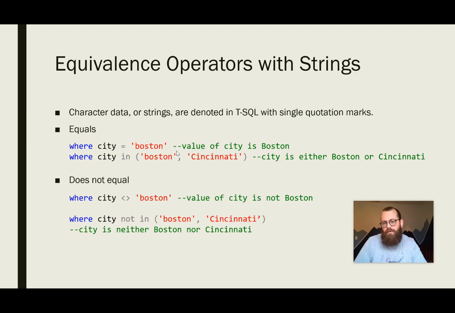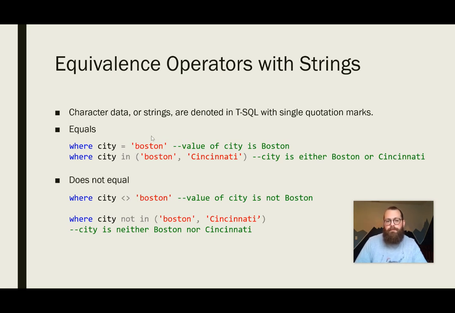They're not double quotes in T-SQL, which is kind of different from most programming languages out there. The double quotations are ultimately reserved for, or rather SQL treats them as though they are referring to, objects. So a column name you could refer to with double quotation marks. So you'll see a lot of single quotation marks in a SQL script.